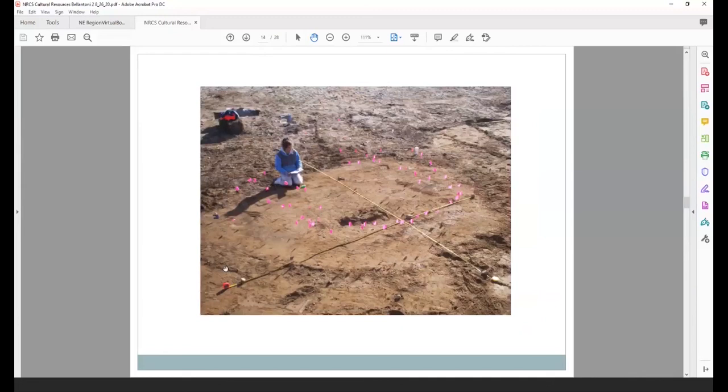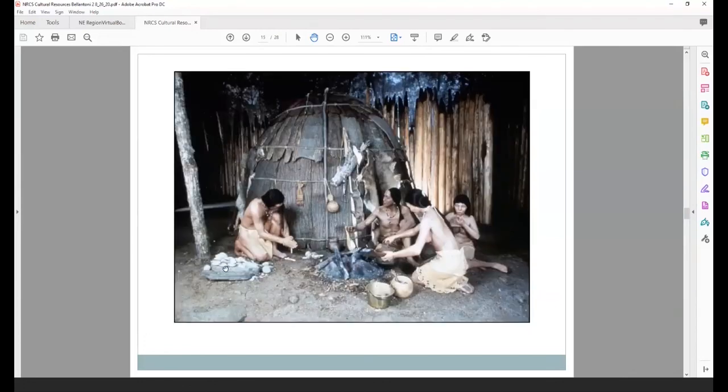Those all could be natural, but they could also be because of a post stuck in the ground to create a house. So we get to know and understand the soils around that are helpful. The fireplace you could see here will leave charcoal stains in the soil that allow us to get radiocarbon dates and actually date the structure and the archaeological site.